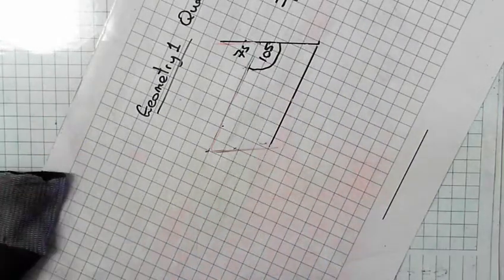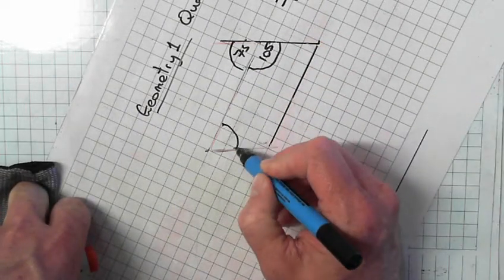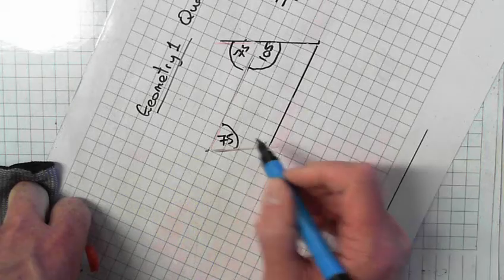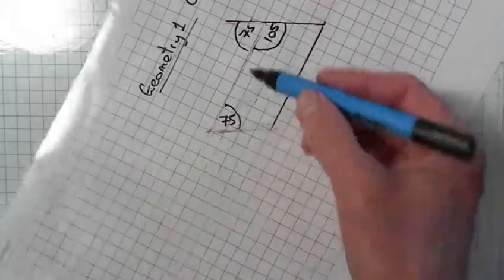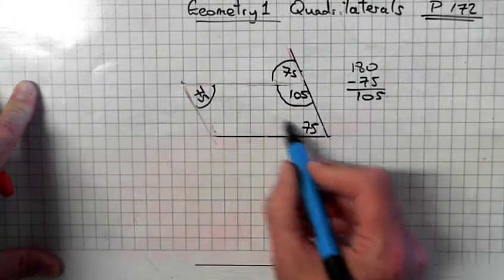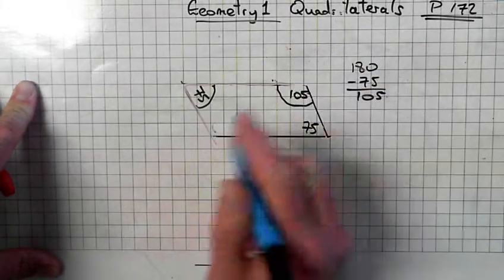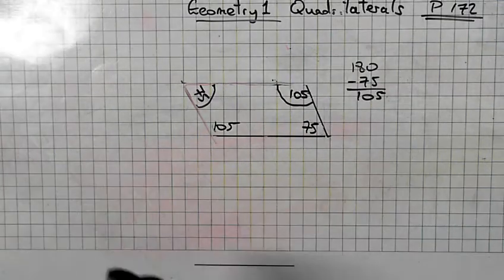See that Z? This angle here inside the Z is equal to this angle here inside the Z. So that's 75. They're called alternate angles. Inside a parallelogram, opposite angles are equal. So that's 105 and 105.